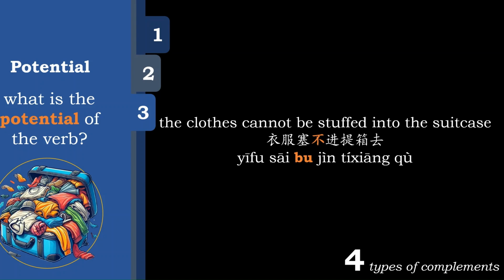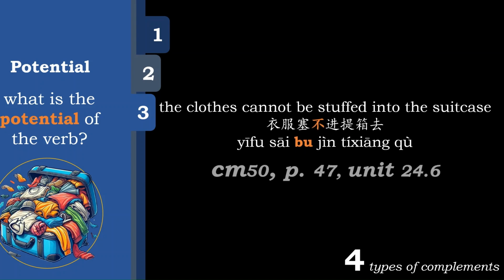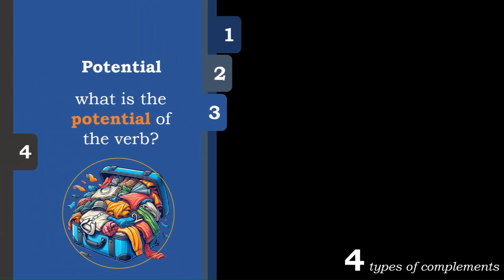So it's not 塞不进去提箱, but rather 塞不进提箱去. And that's the pattern. And there's more on that in CM50, page 47, unit 24.6. So, potential complements provide additional information by answering the question, what is the potential of the verb?